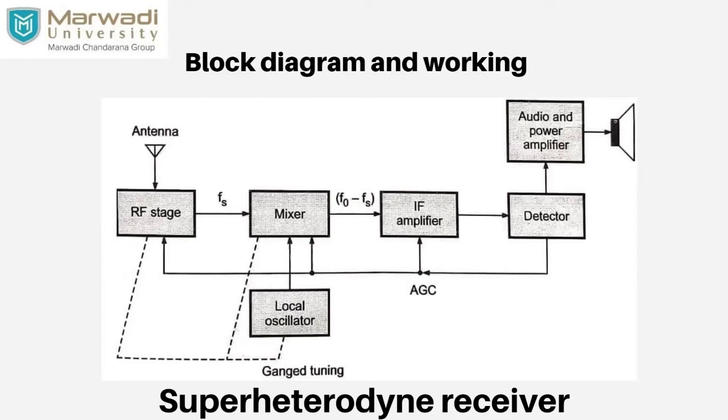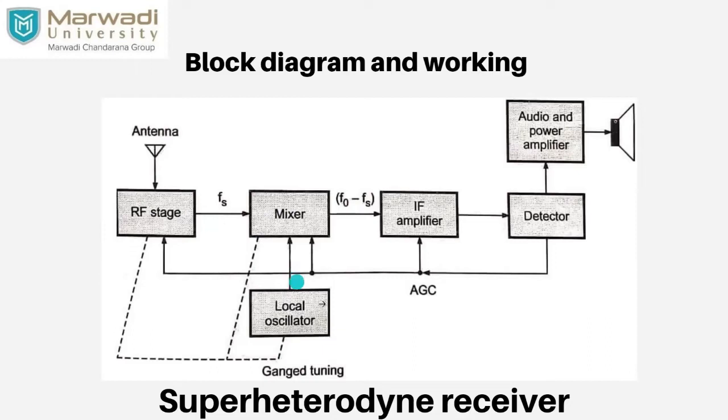So how it works: first the antenna will receive some amount of frequencies, then the radio frequency amplifier will allow those frequencies to pass, known as Fs. And in the mixer, we are getting mainly four types of frequency.